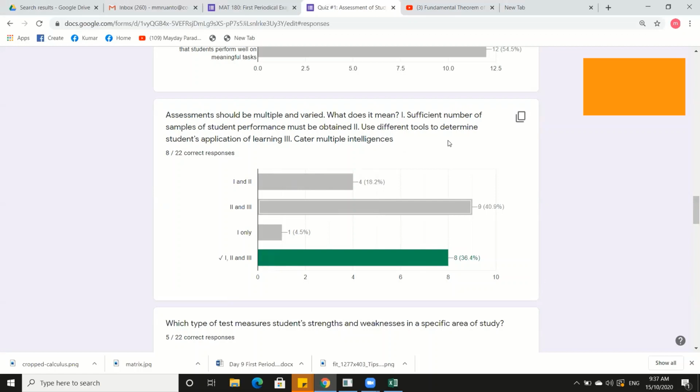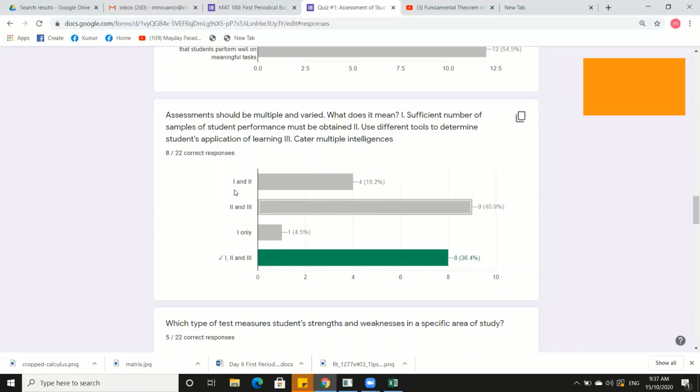Use of different tools to determine students' application of learning. So that is also true. So when we say multiple and varied, you have to make use of different tools. Aside from a sufficient number of samples, you have to use different tools. So 1 and 2 must also be correct. So C, di na pwede, no?